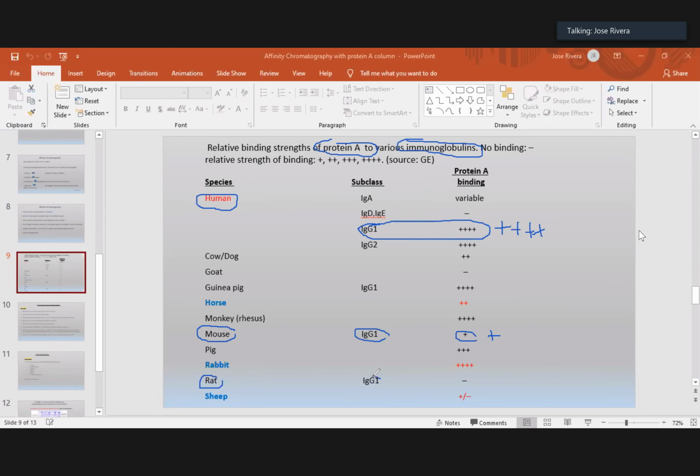The IgG from rats doesn't bind as well, or from sheep. Last year when we did this, I believe we used rabbit, and it bound very well. And as a control, we used sheep. Sheep supposedly is not going to bind as well.